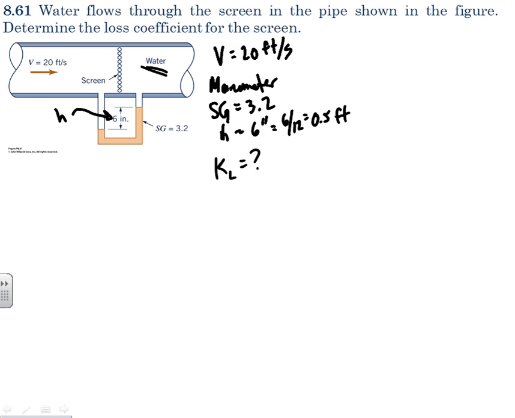All right, so let's use our mechanical energy equation. We'll have 2 points, location 1 and location 2, strategically placed right above the manometer. Then we can write down our mechanical energy equation.